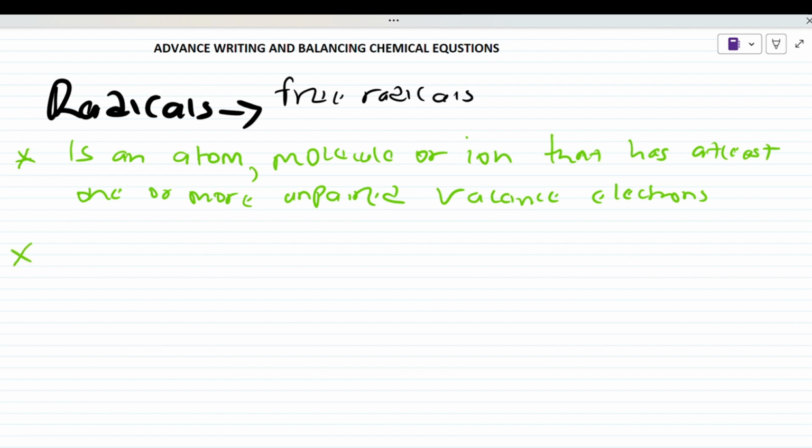In other words, I can define a radical as a group of atoms that react with a unit charge.